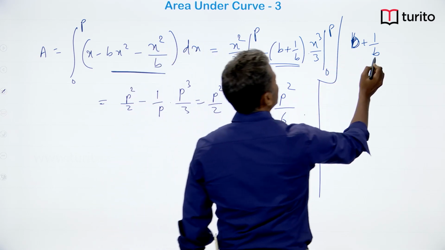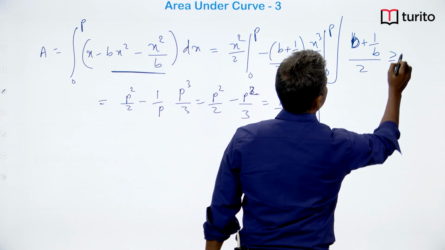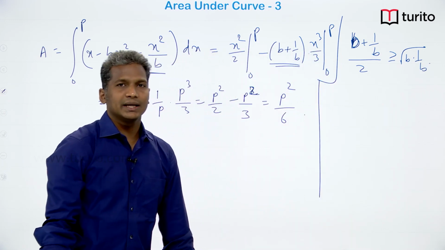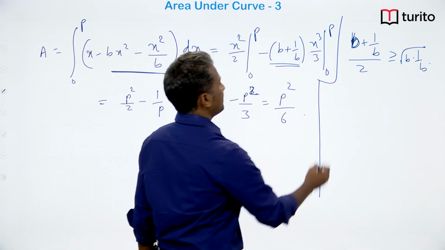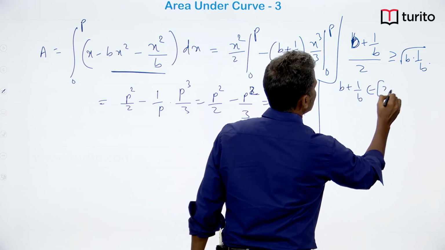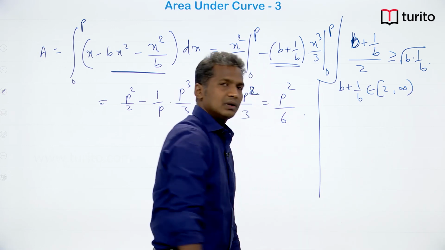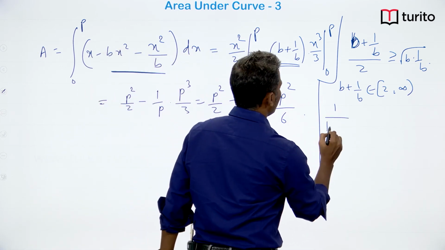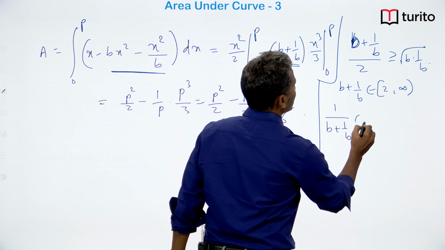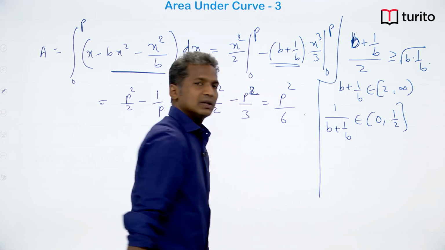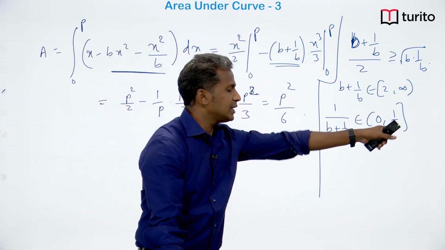So that means here by applying AM-GM inequality, we can say that (b plus 1 by b) by 2 is greater than or equal to root of b into 1 by b. So this will give me b plus 1 by b belonging to [2, infinity). Now what happens when I take reciprocal of this? 1 by (b plus 1 by b) will be belonging to (0, 1 by 2]. That means p is belonging to this.